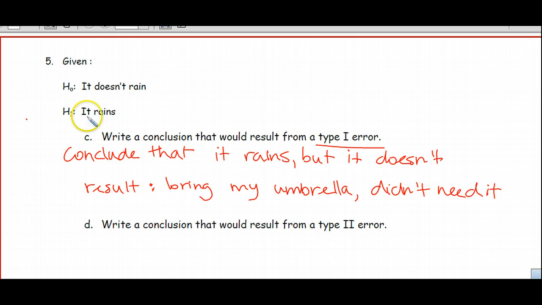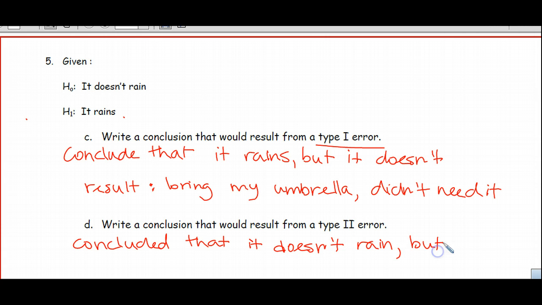Type 2 error. Type 1, type 2, so I'm holding my finger over this. I concluded that it doesn't rain, but it did rain. So for a type 2 error, I would have concluded that it doesn't rain, but it does.